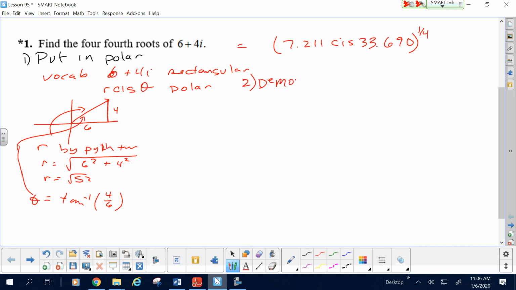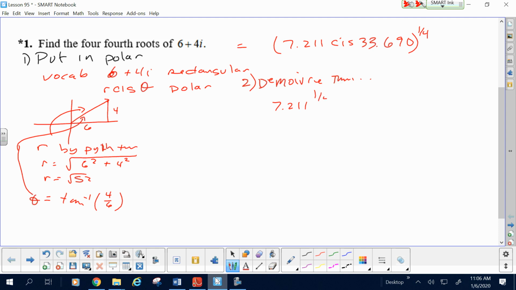DeMoivre's theorem is what do you do when you get it converted to polar to an exponent? All right, so what do I do with the 7.211? Do I multiply it by 4, divide it by 4, take it to the 4th? Take it to the 4th, all right?